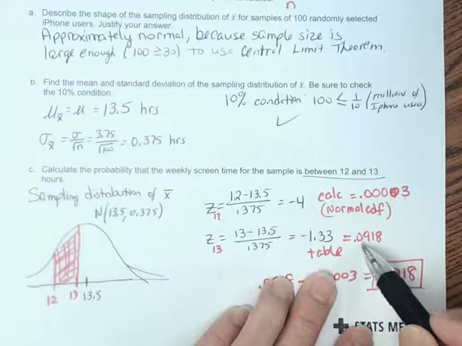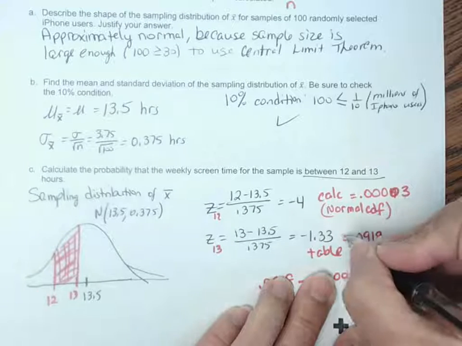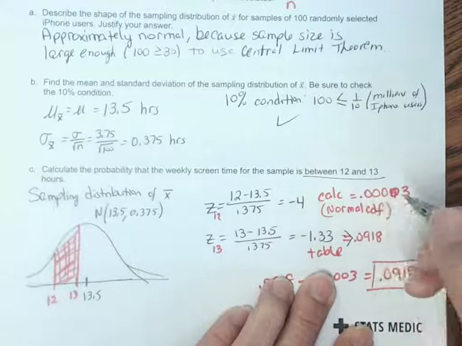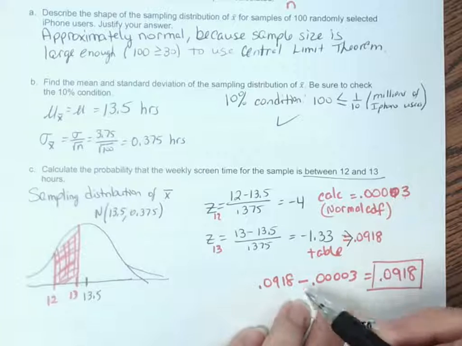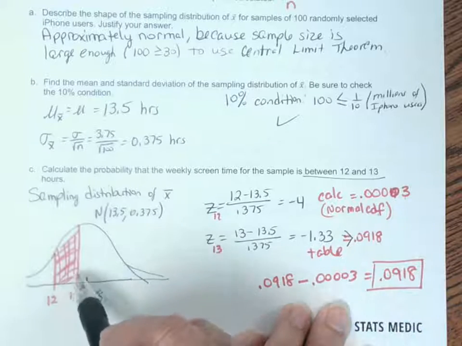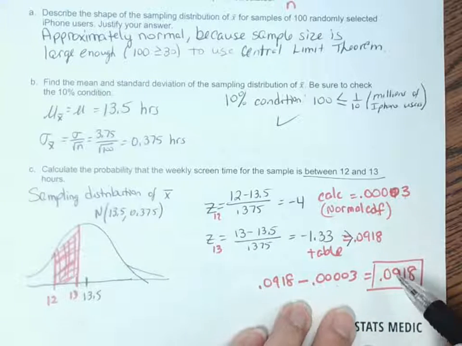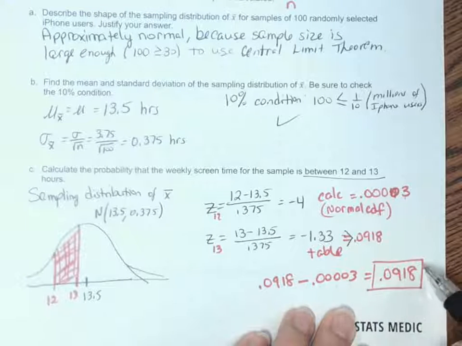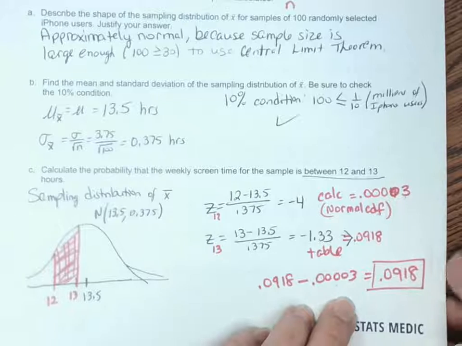Using the table, here is the probability. That should not be an equals. That should say like an arrow. And then I have to subtract the two to get the area between them to represent the probability. So 0.0918 minus 0.0003 is still approximately 0.0918.